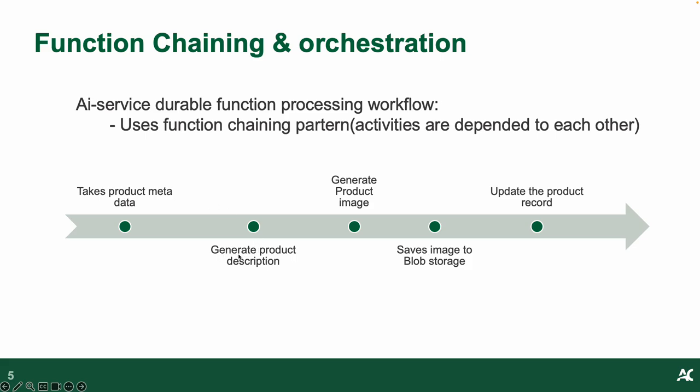Like the first one could be responsible for generating product description, and the second one could be responsible for generating the product image. So each one of these activities would happen after the previous one, and the fourth one would save the image to a blob storage, while the last one would update the product record.